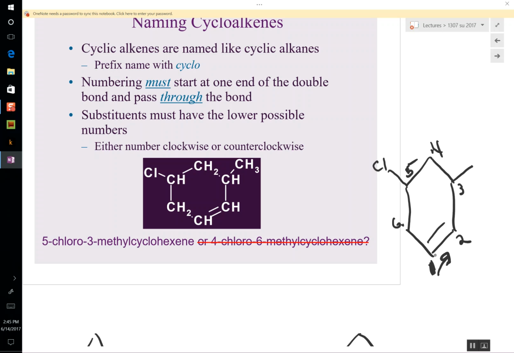I gave an example in chapter 10 where there were 2 possibilities, but both would be acceptable.